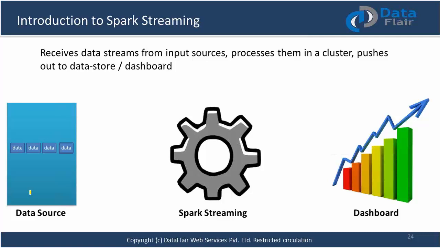Similarly, your data stream will be flowing via the network. Spark streaming receives data streams from input sources. There are tons of sources supported like Kafka, Flume, 0MQ, and so on, and processes them in the cluster, and pushes the output onto the data store, onto the dashboard.